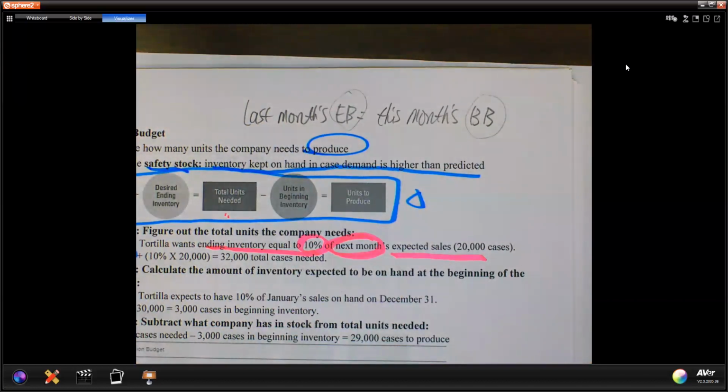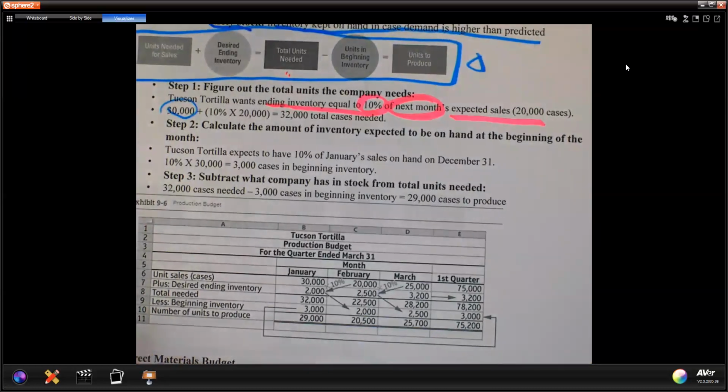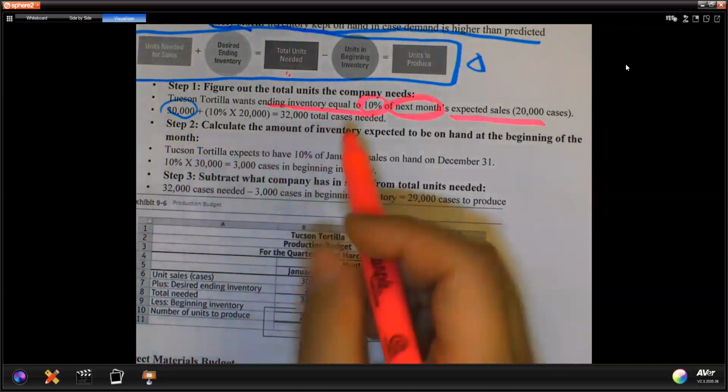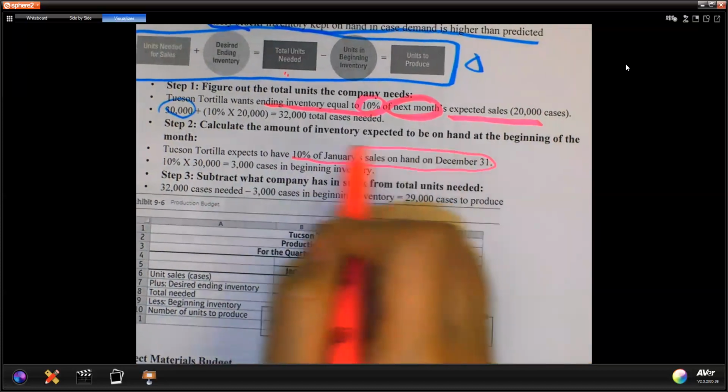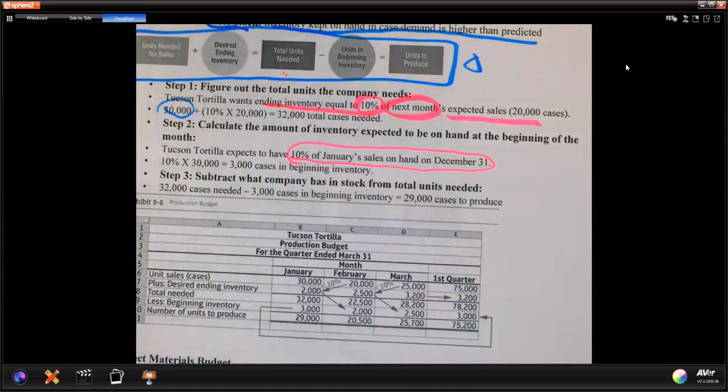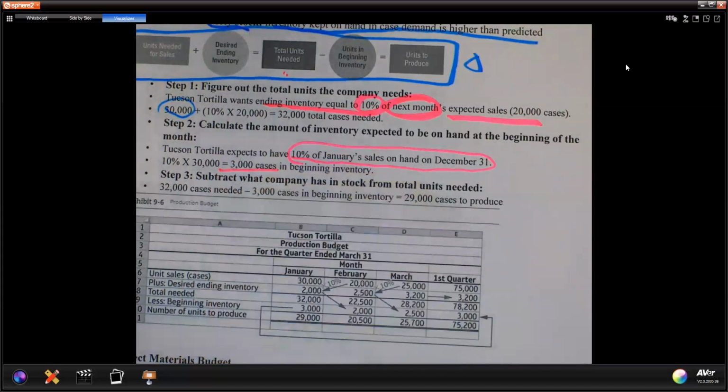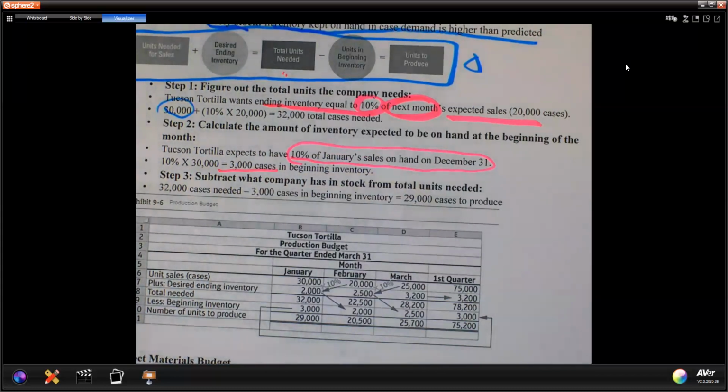Your beginning inventory is your ending inventory of last December, and your ending inventory of last December is 10% of next month's sales, which is 10% of January sales. So your beginning inventory will be 10% of your 30,000 units in January. So we have our beginning inventory of 3,000. Now you put all the things together.